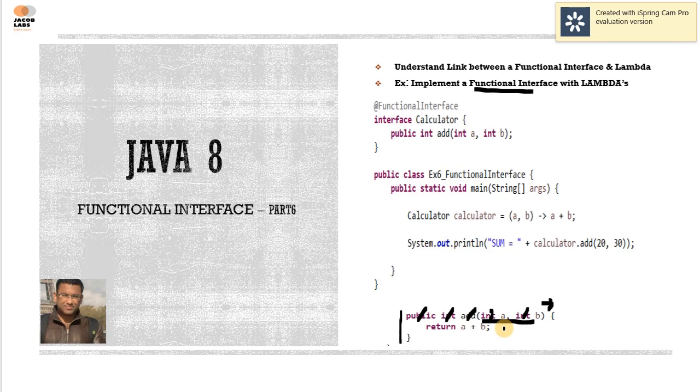The next rule: if the body of the lambda has just one statement, which in our case is true, it is just return a plus b, then we can also remove the curly braces, and if we remove the curly braces, we should also remove the return keyword. So this method would be converted to a lambda which looks something like this.